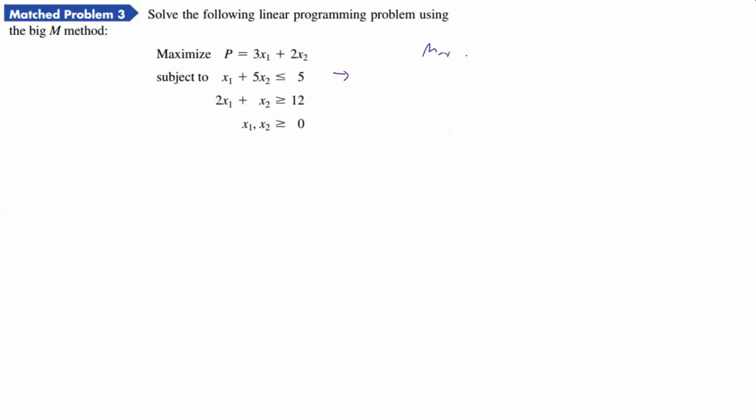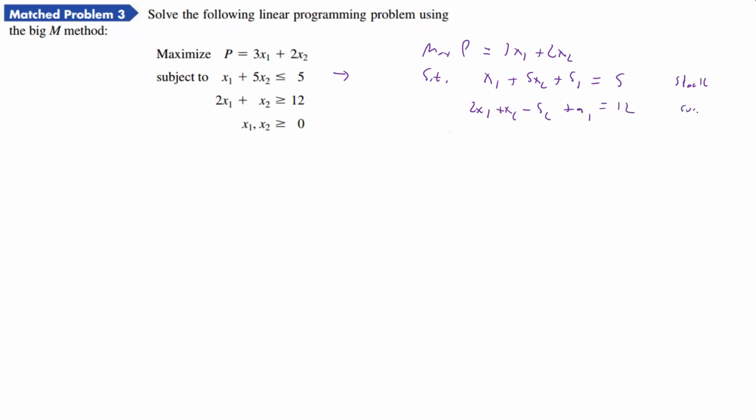So we're going to maximize P equals 3x1 plus 2x2, subject to x1 plus 5x2 plus s1 for slack equals 5. And again, this is slack. Then I'm going to have 2x1 plus x2 minus s2 plus a1, and that's equal to 12.